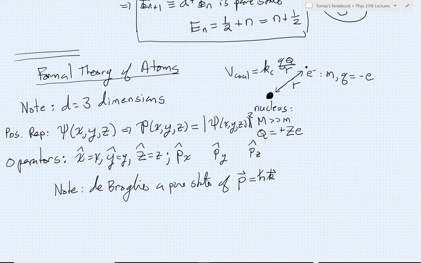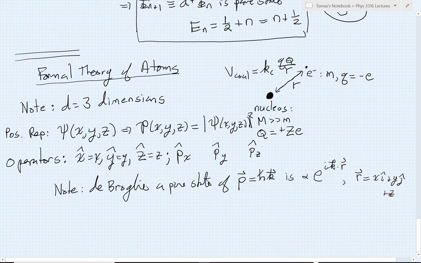But a pure state of that momentum is going to be just proportional to the corresponding wave, e to the i k dot x. Or I guess I would rather write this as k dot r, where r is the vector that has all of these coordinates, x i hat plus y j hat plus z k hat. Now, as soon as we have this, we realize if I want to pick out a particular component of momentum, I should just take the derivative with respect to the corresponding variable that multiplies it in this dot product.